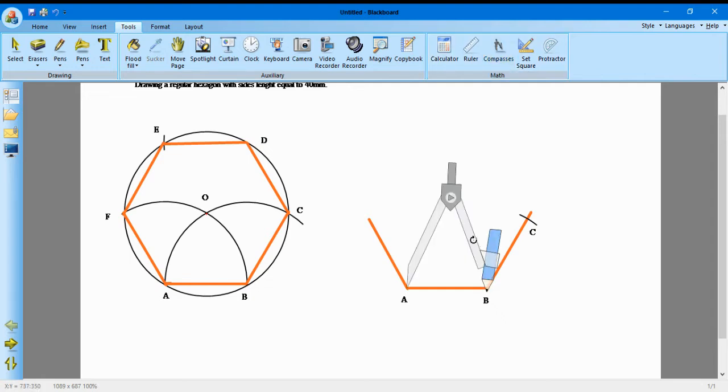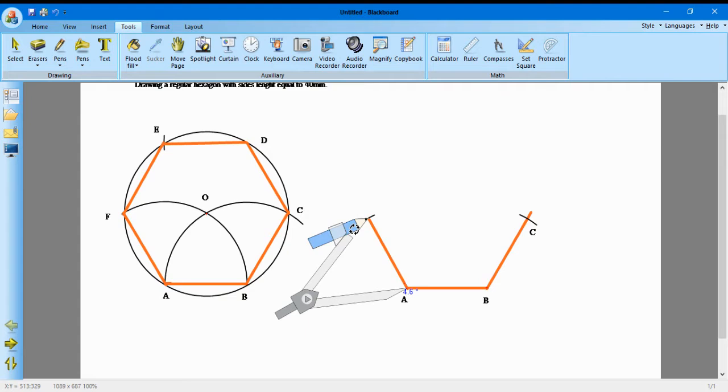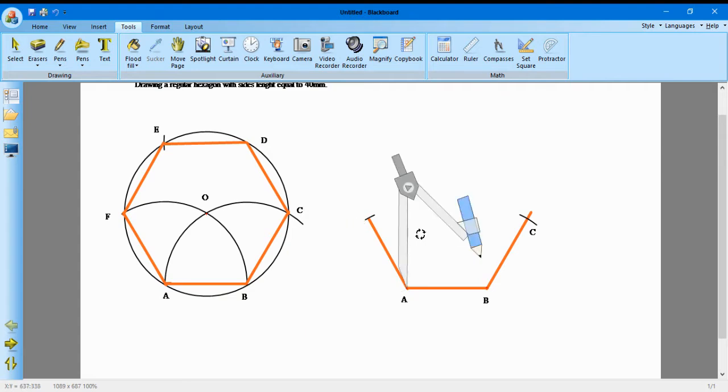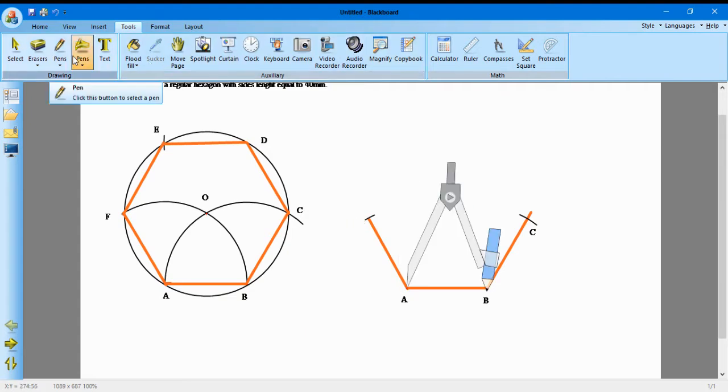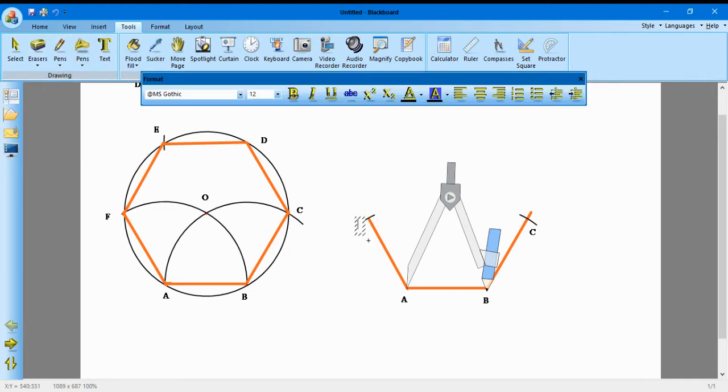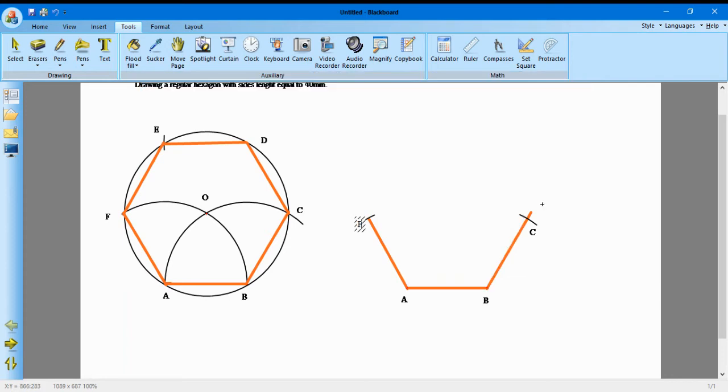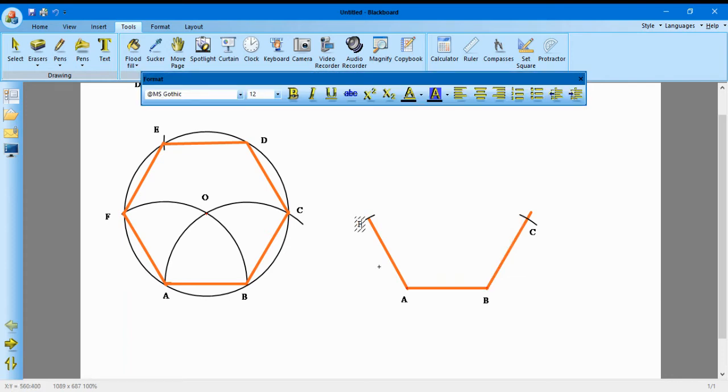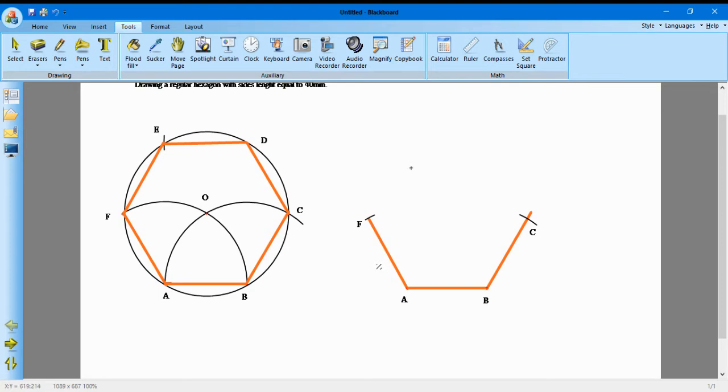Since I have to redo this actually. Just striking this up here. Okay. So again, this is point F. And okay. So we proceed.